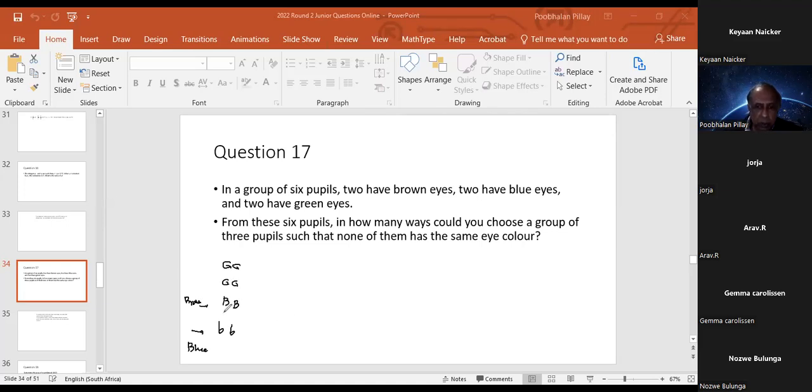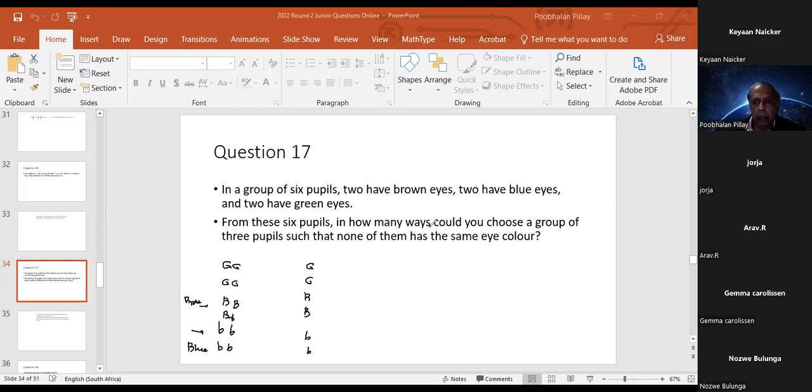Okay, so you have 2 of them have got that, and 2 have got. These are the eyes, by the way. So let's not talk about 2 eyes. That's rather silly. So we can say there are 2 people who got green eyes, 2 people got brown eyes, and 2 people got blue eyes.